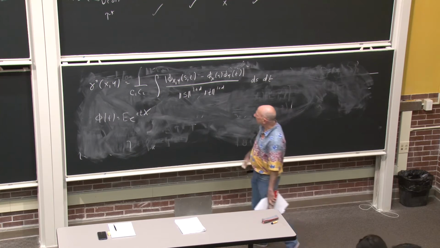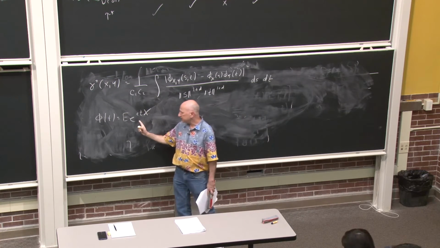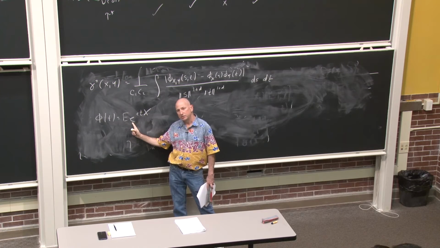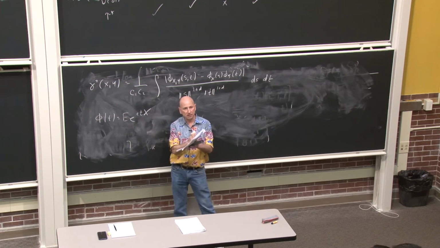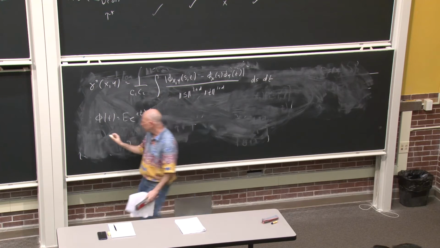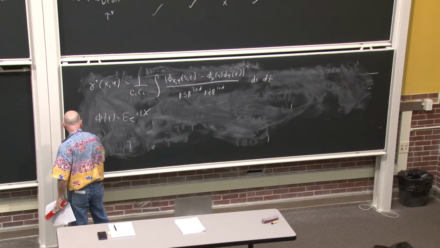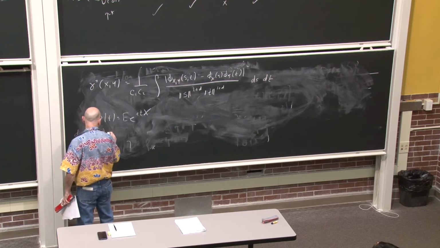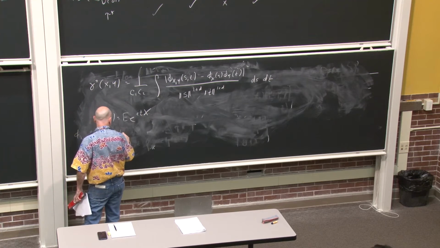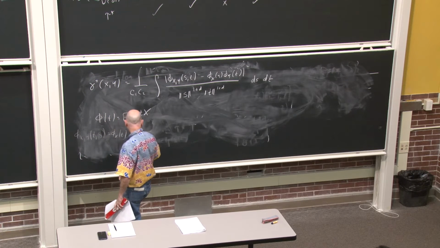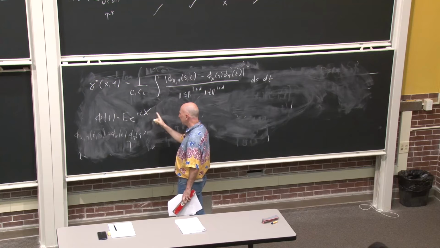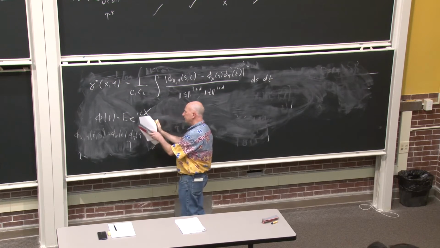And so what this is saying, and by the way, it's easy to check by definition because of the E here, that if two random variables are independent, then the characteristic function is a product. So the characteristic function of x, y at s, t would be the product of the characteristic functions. Just because you'd have e to the i t y plus e to the i s x.